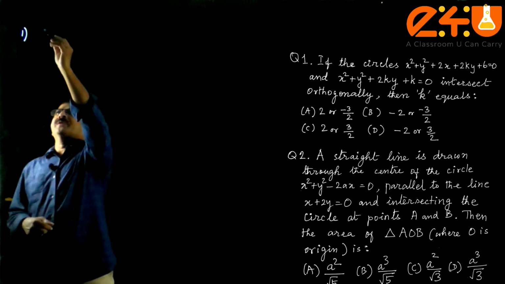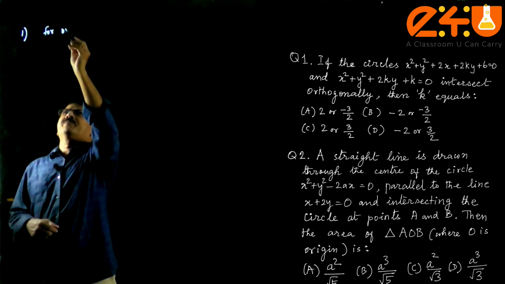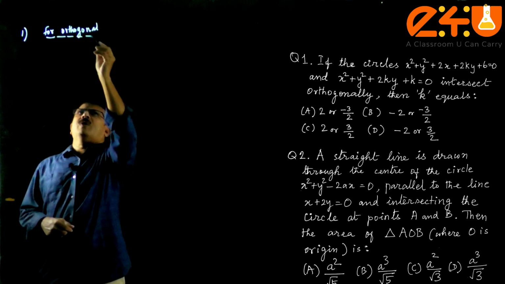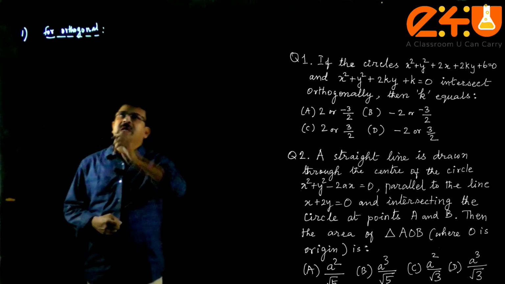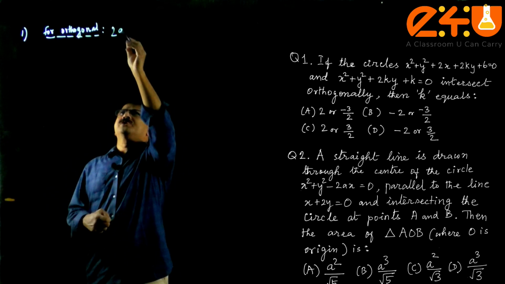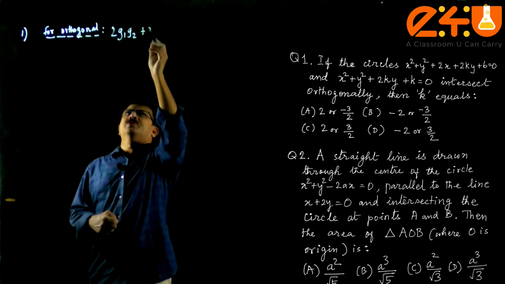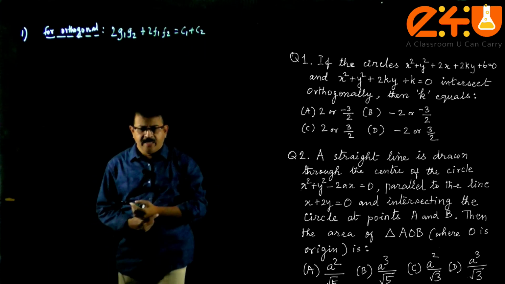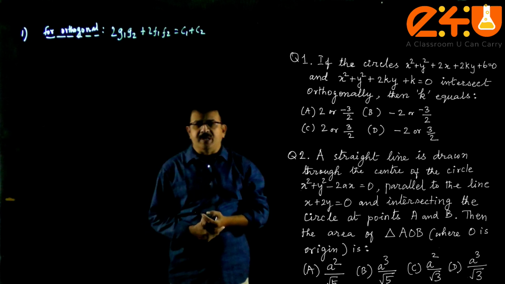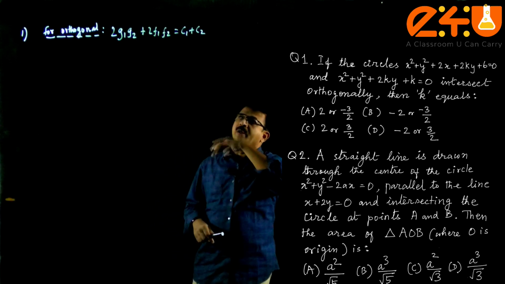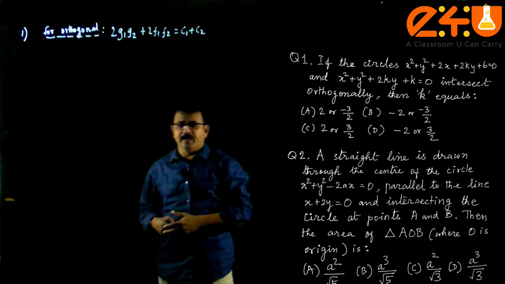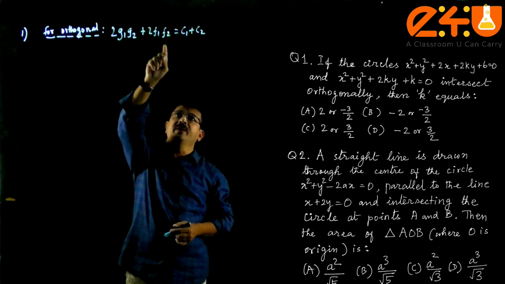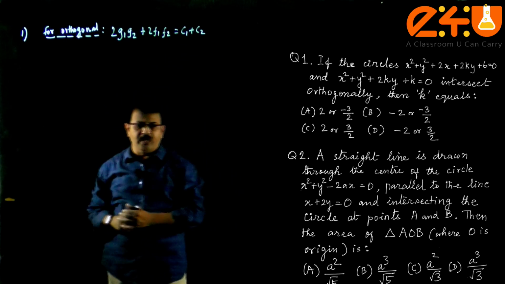And it is given they intersect orthogonally, and in our theory class we have seen for orthogonal intersection the condition 2 G1 G2 plus 2 F1 F2 must be equal to the sum C1 plus C2, the respective symbols having the regular meaning. G stands for half the coefficient of x and F stands for half the coefficient of y, C1 C2 constants from each equation.